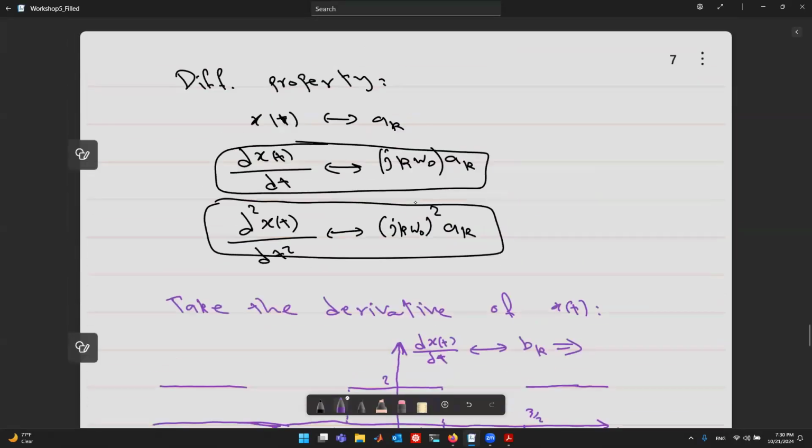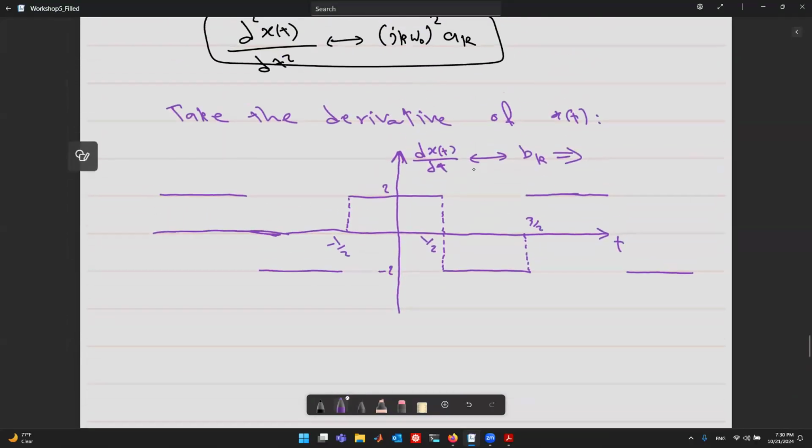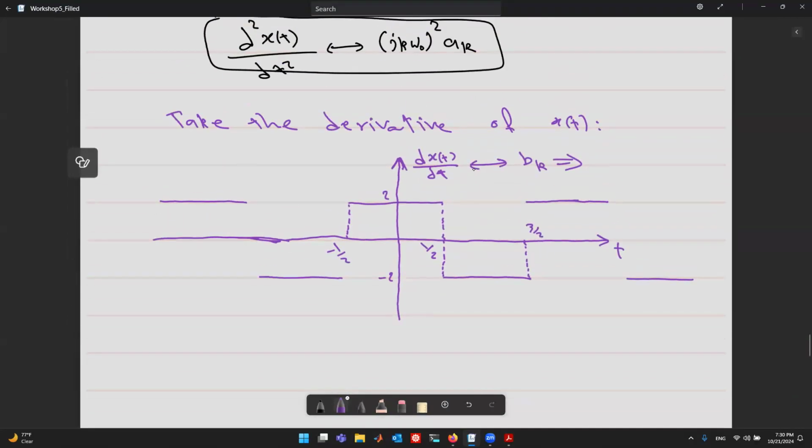Using this property, we know that when we take the derivative, the new coefficients will be the original coefficients multiplied by jk omega naught. So if the coefficients of the derivative are bk, then ak, which are the coefficients of x(t), will be bk divided by jk omega naught, right?